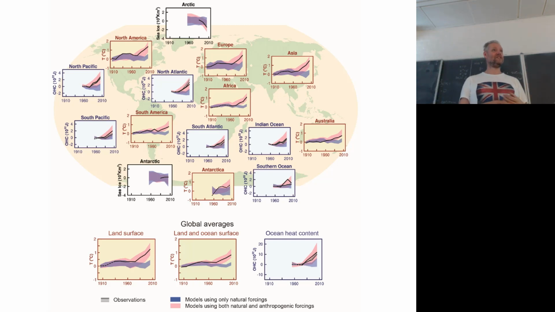And then they did a second set of experiments with the same 30 or so models, where they started in the year 1900 and ran the climate of the 20th century, but now without greenhouse gases. And then you get the blue range. And what you see is that the blue and the pink separate, right?